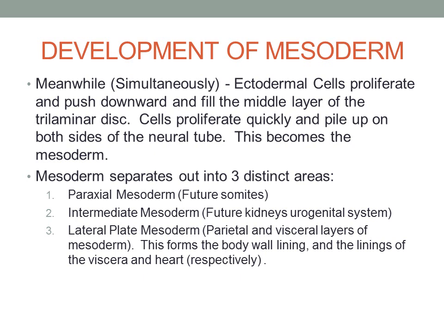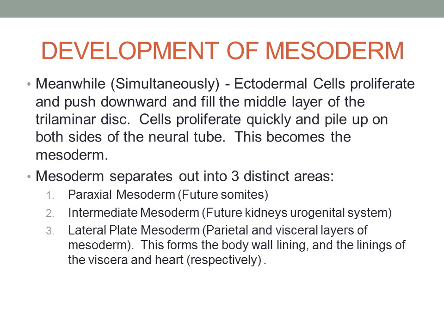And they fill this middle layer of this trilaminar disc. And the cells are proliferating quickly, and they pile up on both sides of the neural tube. And this becomes what we refer to as the mesoderm. Now, as the mesoderm continues to thicken, the mesoderm separates out into 3 distinct areas.